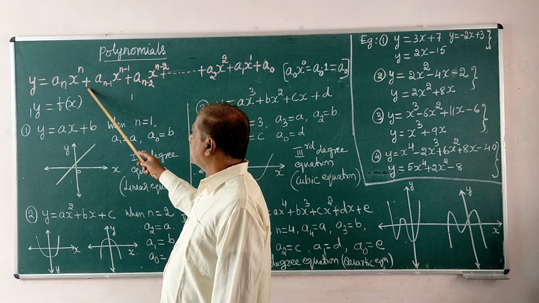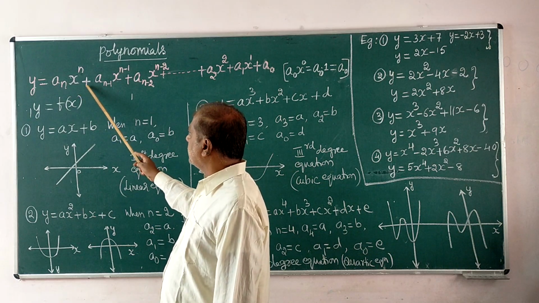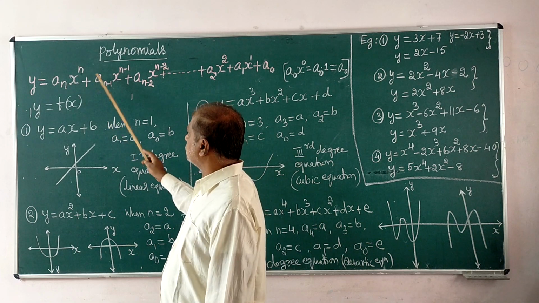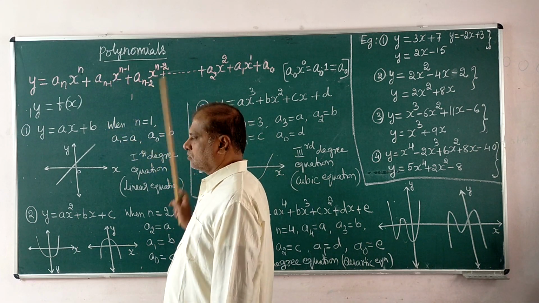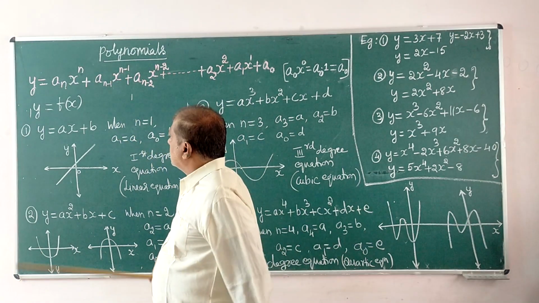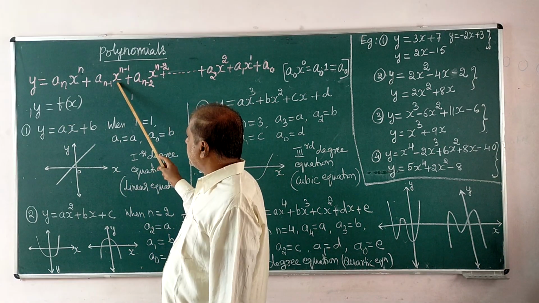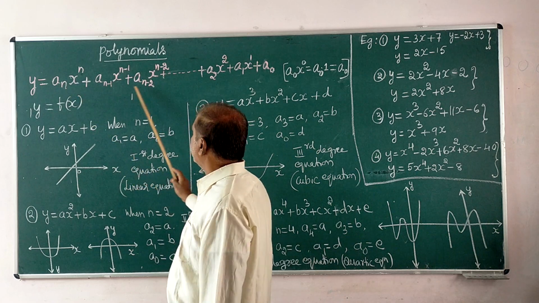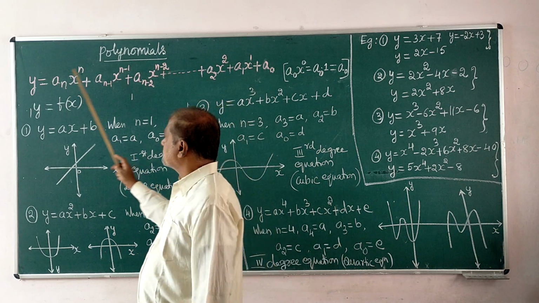This algebraic expression is a summation of many terms. Sum of many terms. And this polynomial expression is a generalized form of polynomial equation.